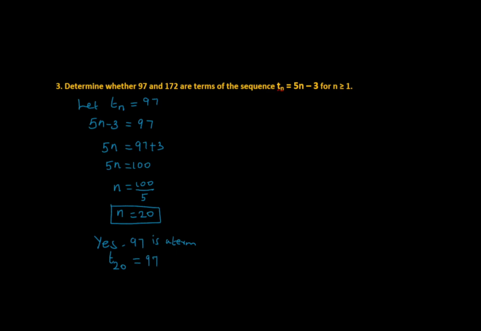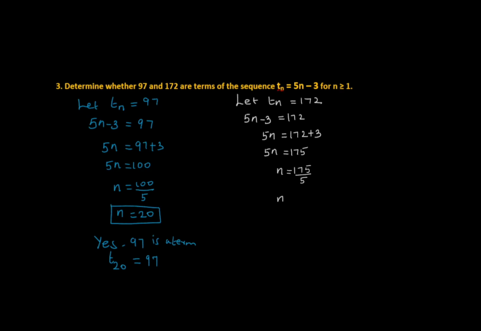Now, we can check the next one. That is 172. So, here we consider let Tn be equal to 172. So, Tn is 5n minus 3 is equal to 172. So, 5n, transposing 3 to the other side, 172 plus 3. So, 5n is equal to 175. n is equal to 175 divided by 5.